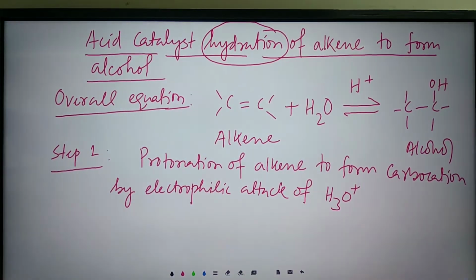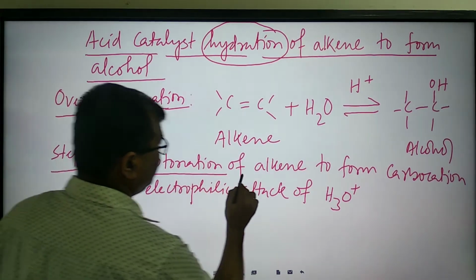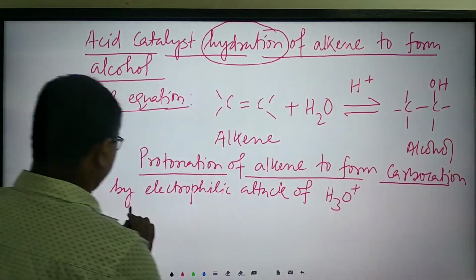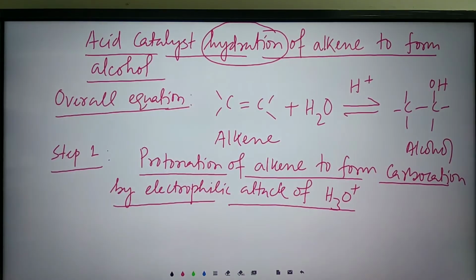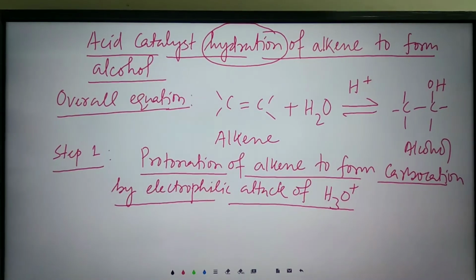So step 1 is protonation of alkene to form carbocation by electrophilic attack of hydronium ion.